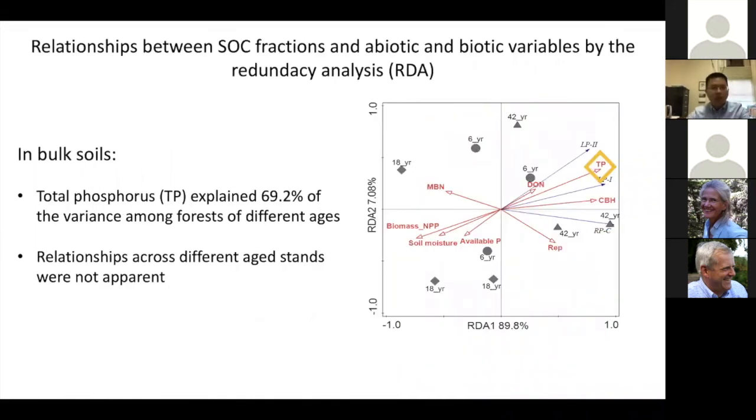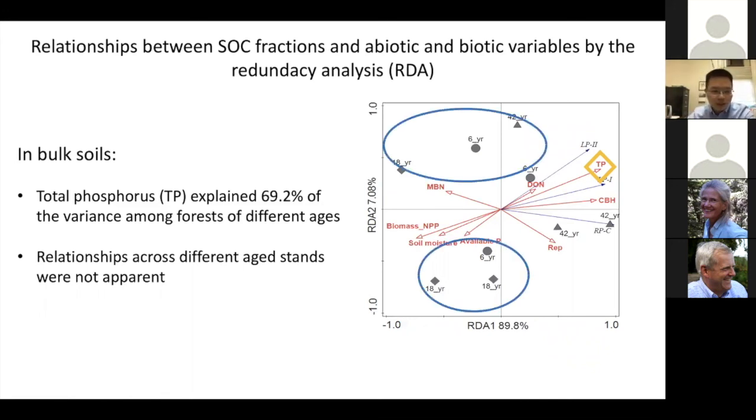Then I used redundancy analysis to analyze which factors affect the SOC change and the labile fractions. First, in the bulk soils, I found total phosphorus explained 69% of the variance among the forests of different ages.